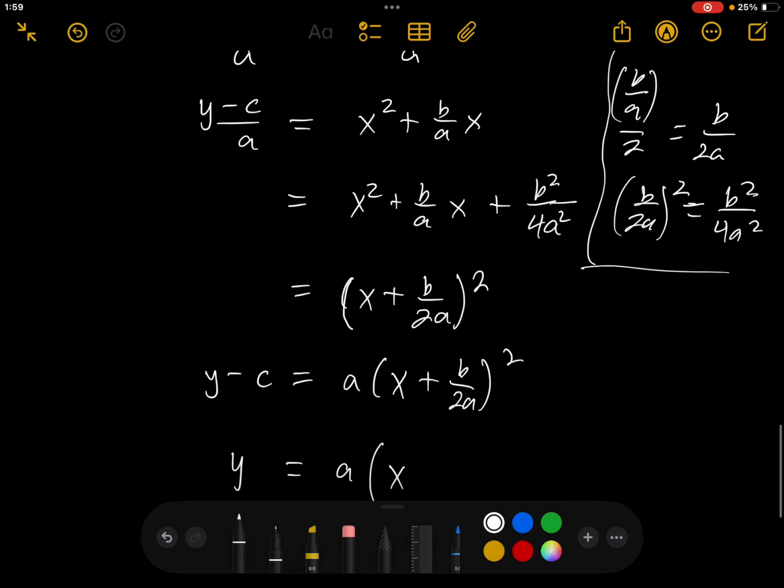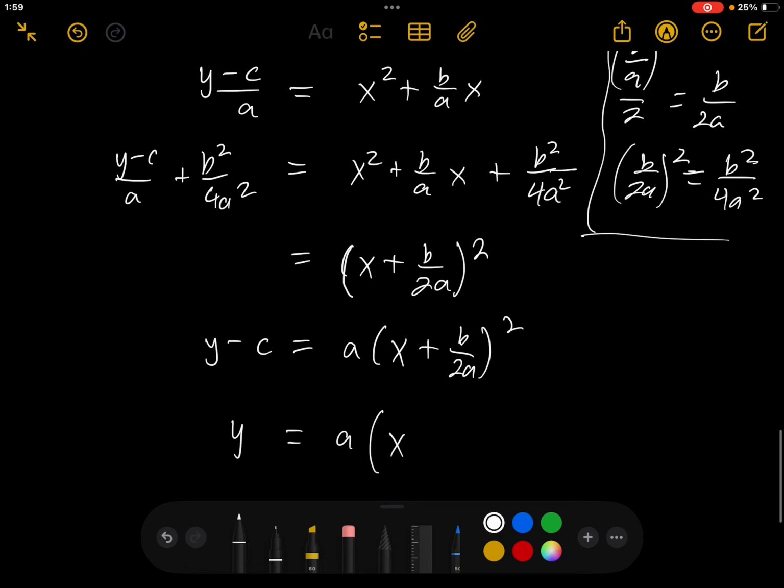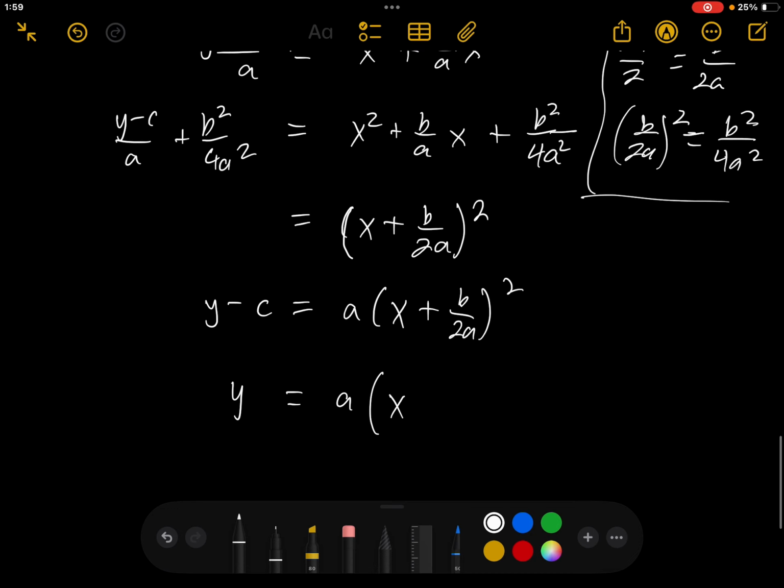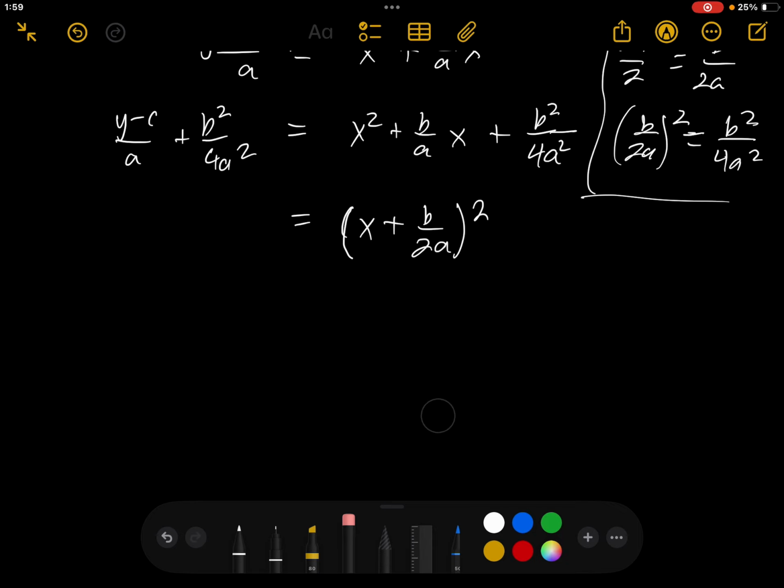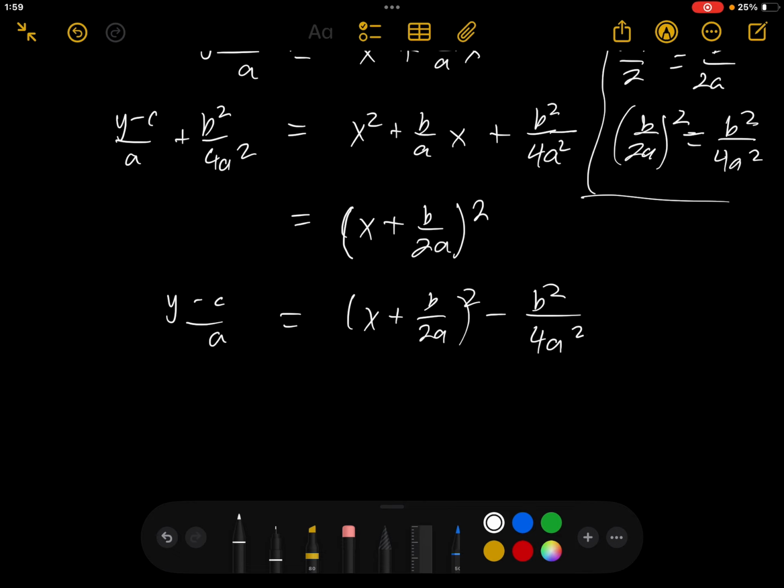Oops, when I added b squared over 4a squared, I forgot to add it to the other side. So y minus c over a plus b squared over 4a squared. So this step I need to change to y minus c over a equals x plus b over 2a, squared, minus b squared over 4a squared.